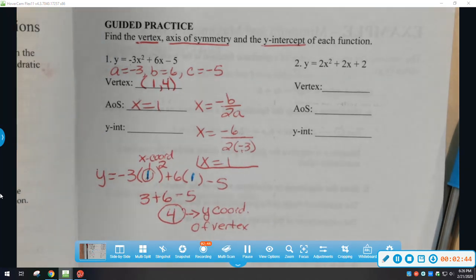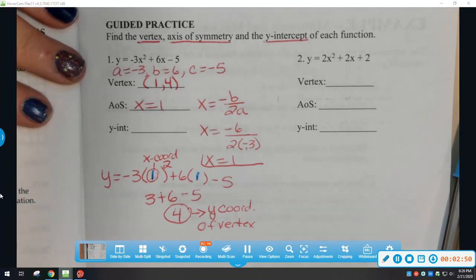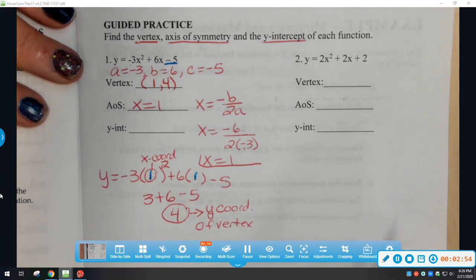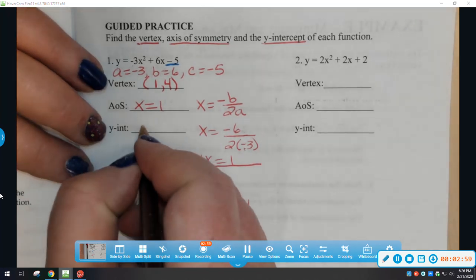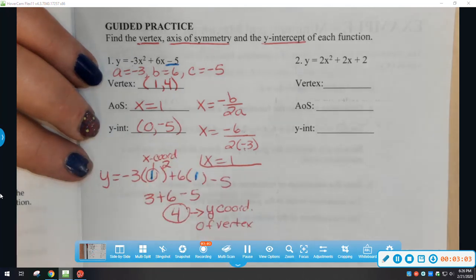Very, very good. Now, one thing left, y-intercept. That involves zero math. That involves observation. Our y-intercept is c. I'm going to show you why mathematically that is true. What is the x value at the y-intercept?